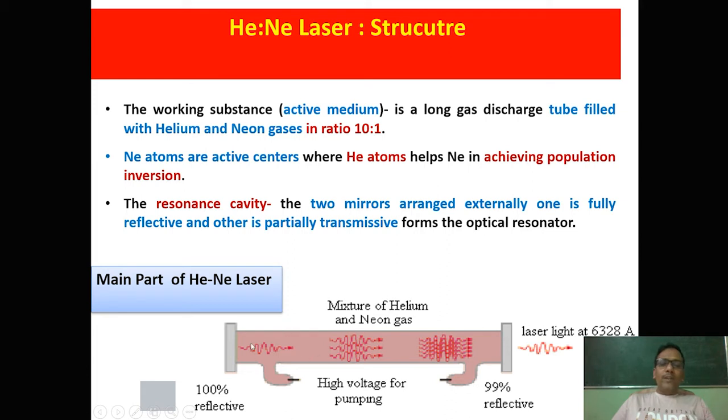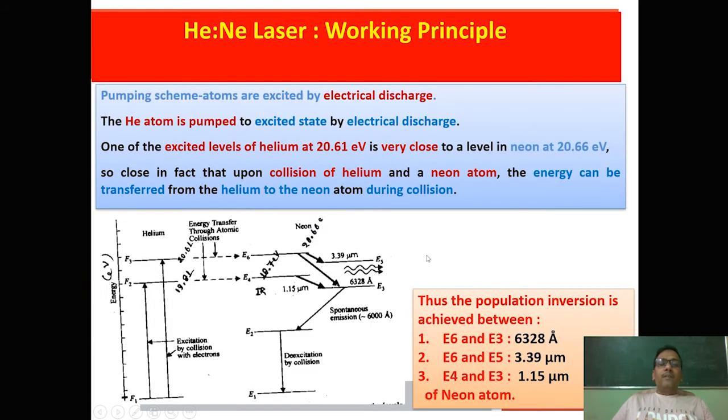For the Fabry-Perot resonator, there is a polished glass plate here, which is 90% reflective, and this is a 100% reflective glass plate. The laser of 6328 angstrom, the general wavelength of this laser, comes out from this partially polished side. This is the 4-level system.